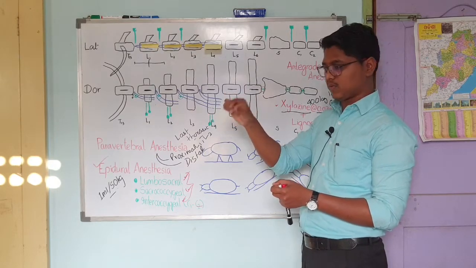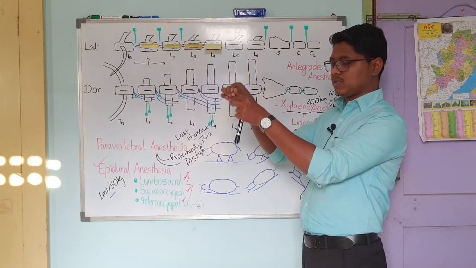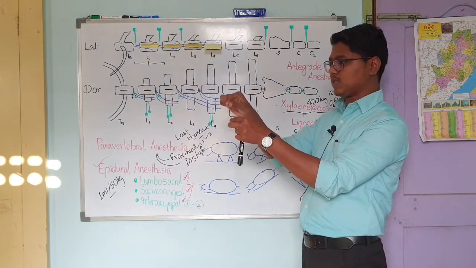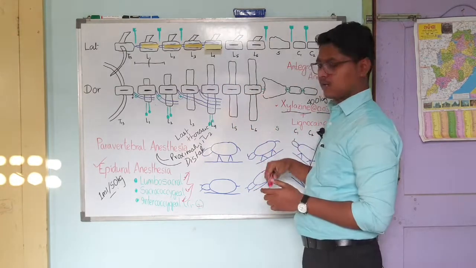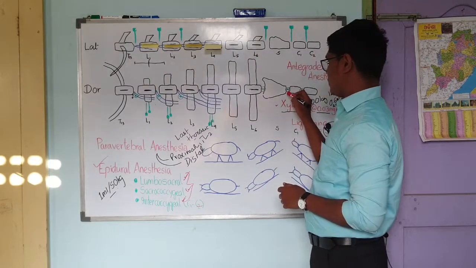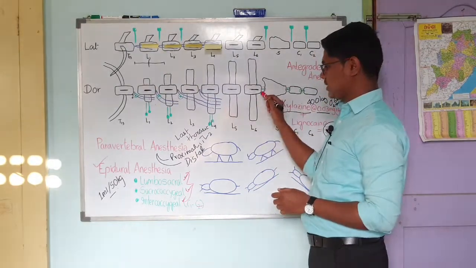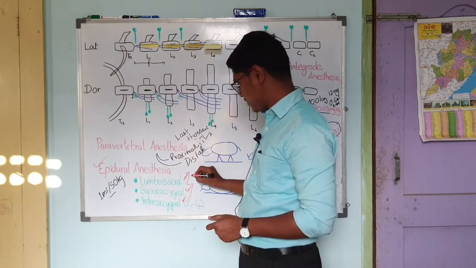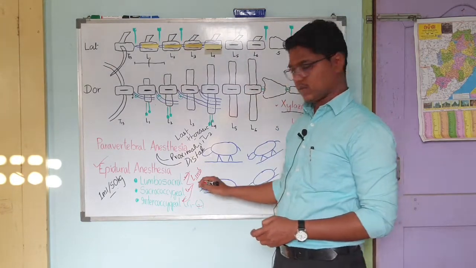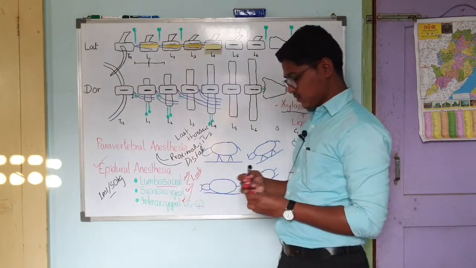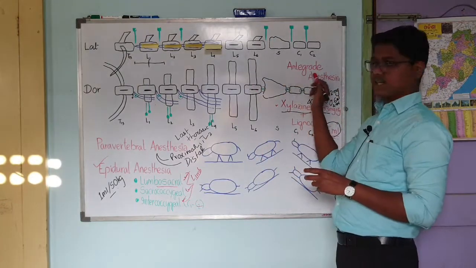For epidural, you have to insert to the subarachnoid space, fluid will come out, then deposit the lignocaine hydrochloride. But in large animals, lumbosacral is needed for limb surgery. Suppose you are doing any amputation, you need lumbosacral. Here comes the antegrade anesthesia.